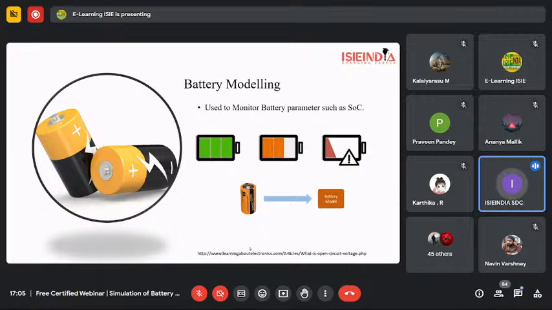The estimation is done through this battery model only. For battery modeling purposes, there are mathematical equations present, and depending upon those mathematical equations, we design the battery or cells.